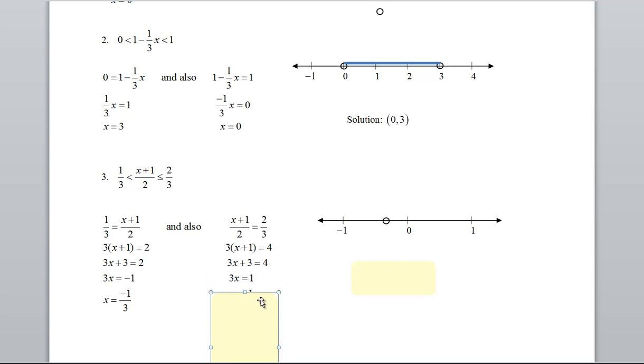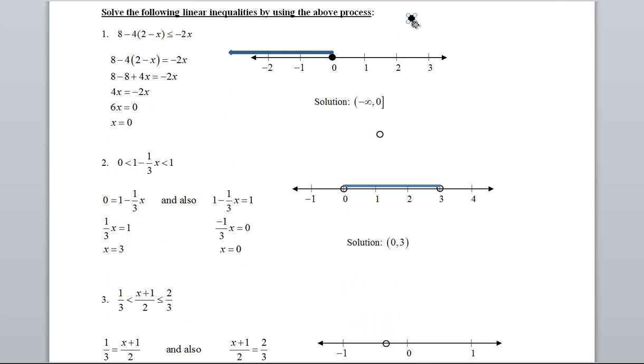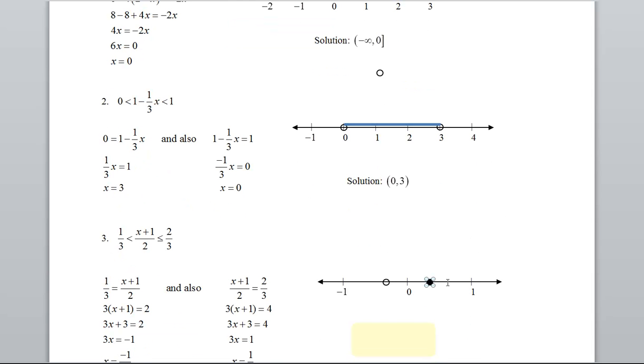And then divide by 3, I'm going to have x equals 1/3. But now this one, because it's less than or equal to, I need a solid dot. Let me go borrow my solid dot. I'll put it right here. Does it look like about a third to you? Alright, so I've got that.